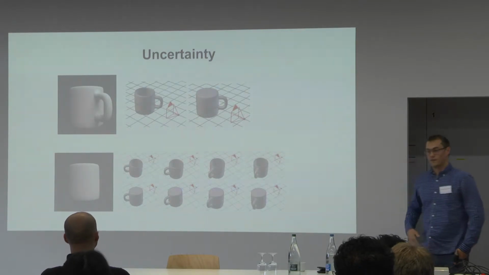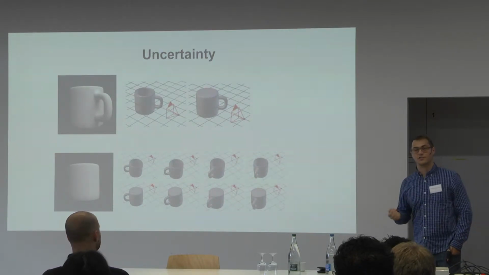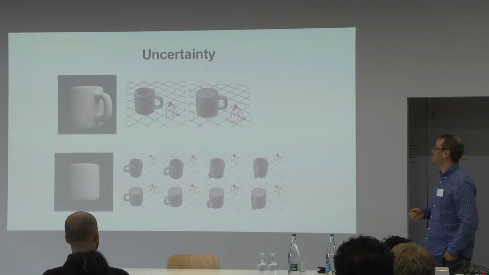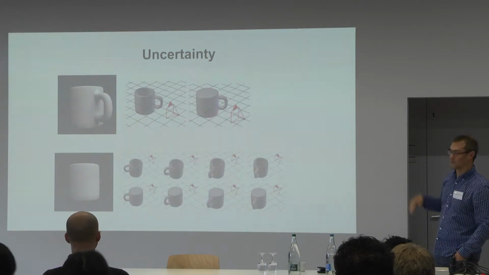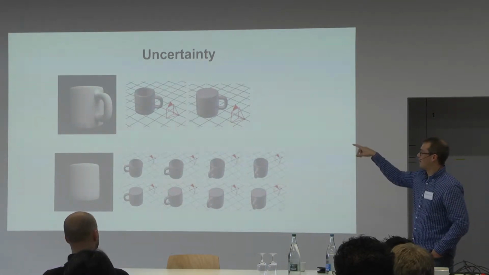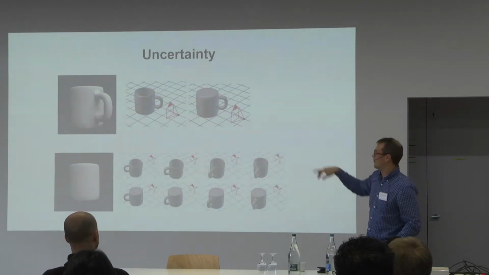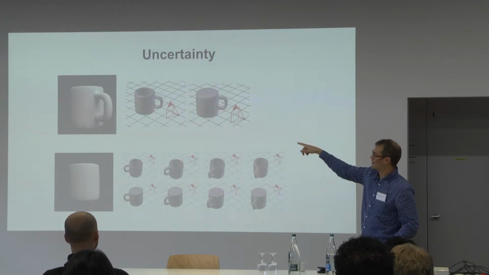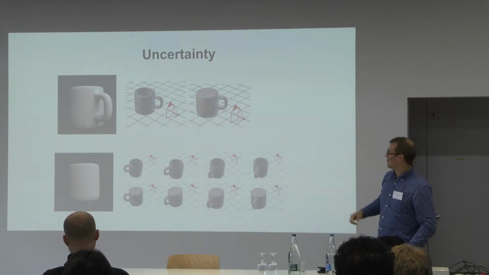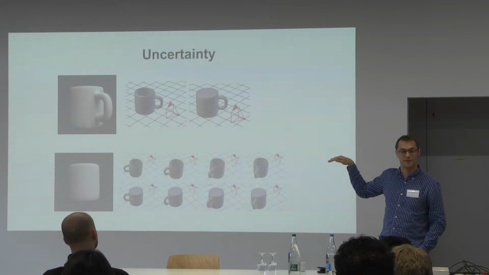Another aspect that we want to take seriously here is uncertainty in our inferences. So here's an example of a pose estimation problem where I have a coffee mug, let's say, and I have two images of that coffee mug. On the top left, there's an image where I can't see the top or bottom of the mug.